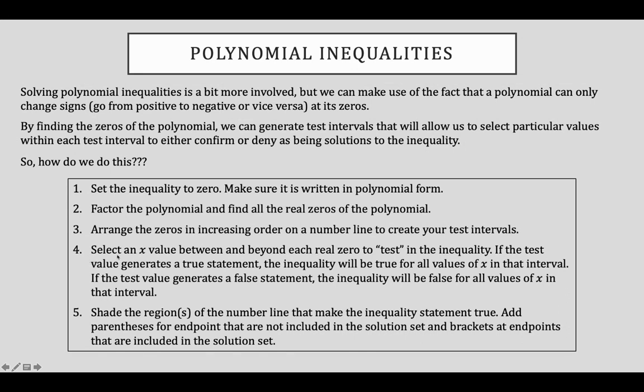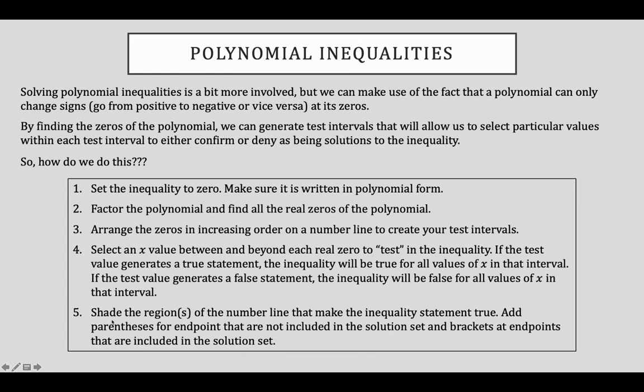Step 4, select an x value between and beyond each real zero to test in the inequality. We're literally going to plug that number into the inequality. If the test value generates a true statement, the inequality will be true for all values of x in that interval. If the test value generates a false statement, the inequality will be false for all values of x in that interval.